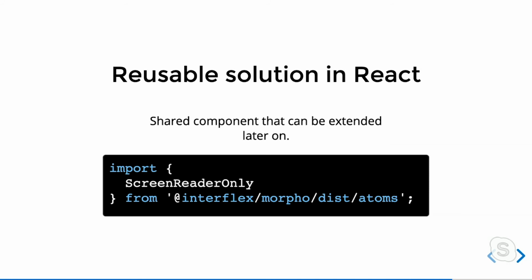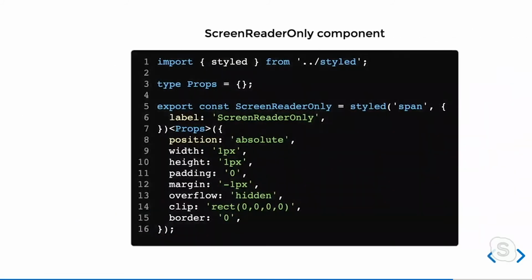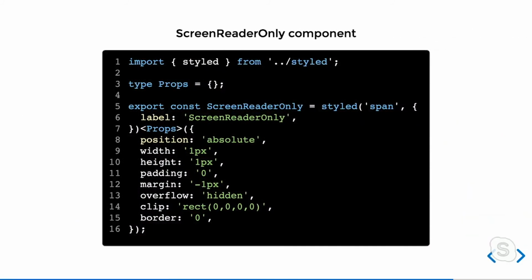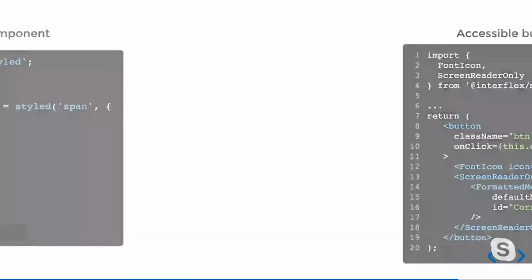So we add the screen reader only component to the Morpho, which you can see is using the styles which I showed you before. It will create a simple span with the CSS properties which we need.